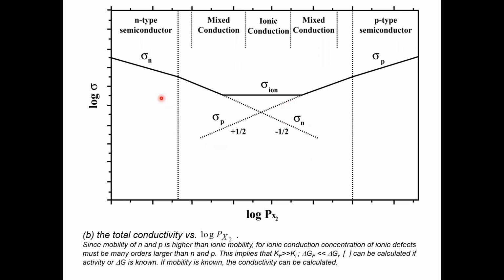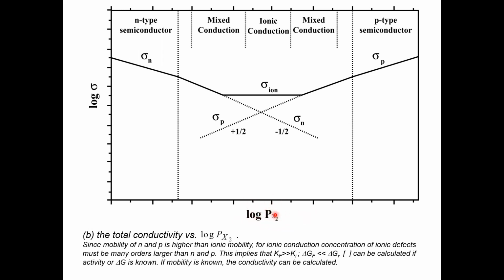And if you look at the log of conductivity as a function of oxygen partial pressure, for example, or in alkali halide, this can be partial pressure of chlorine or fluorine or bromine and so on.